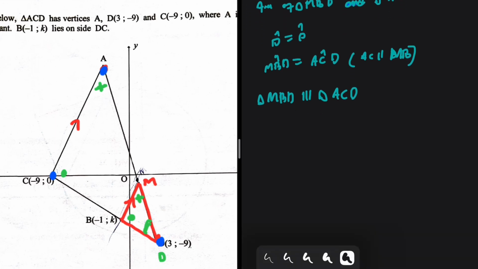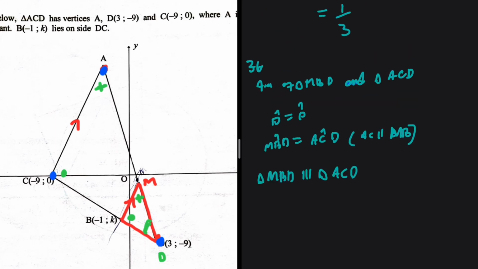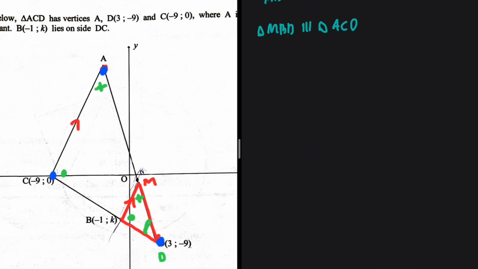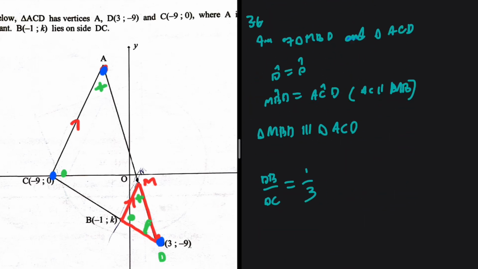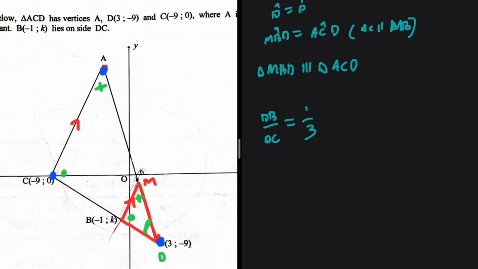Therefore, we can say that we already know from the question above that DB over DC is equal to 1 over 3, right? But now we can play around with the other sides.